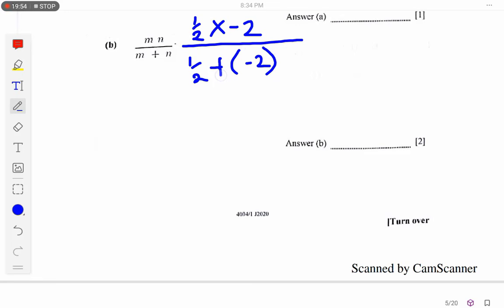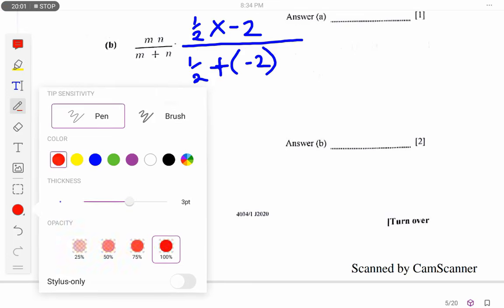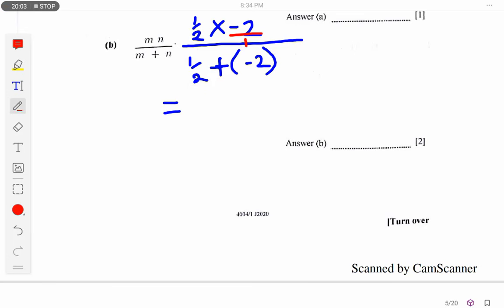So the top is the same as half times minus 2 over 1. I can multiply and get minus 1 at the top. For the bottom part, we have half minus 2 over 1.